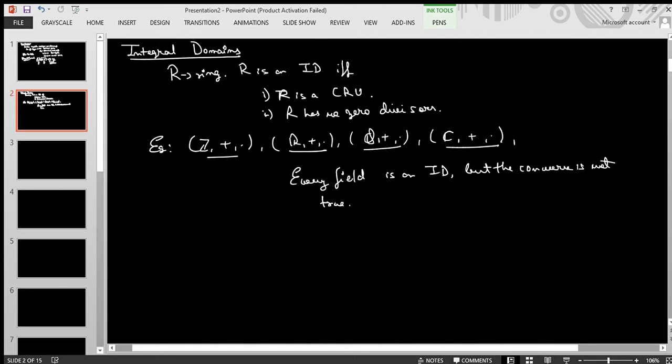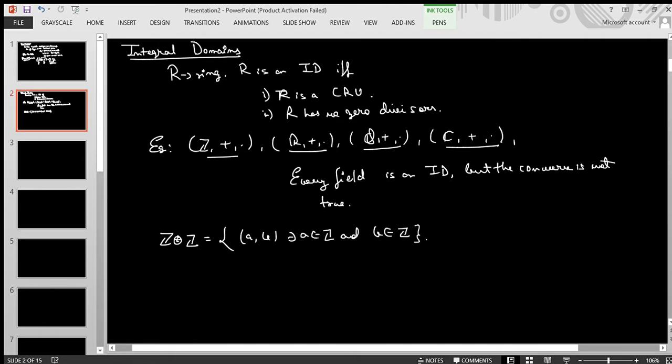Suppose you have this particular ring, let's say. You know what this set is? This is the set of pairs (a, b) such that a belongs to Z and b belongs to Z. Will it be an integral domain?